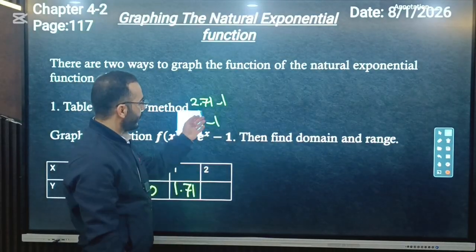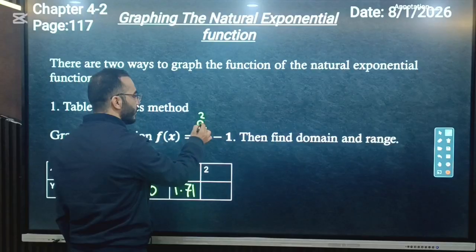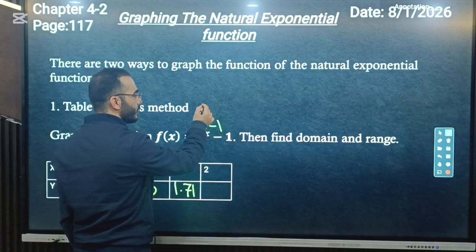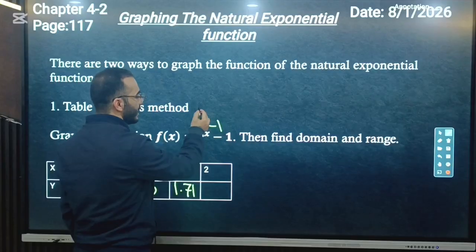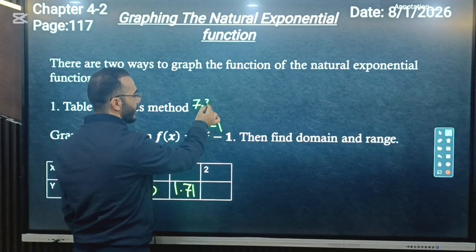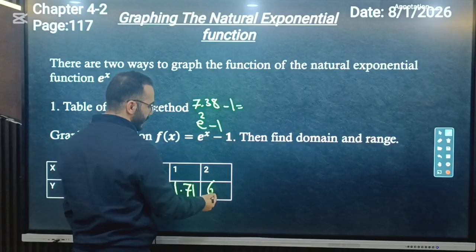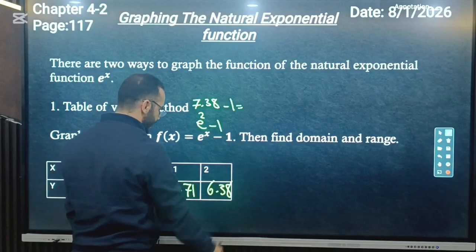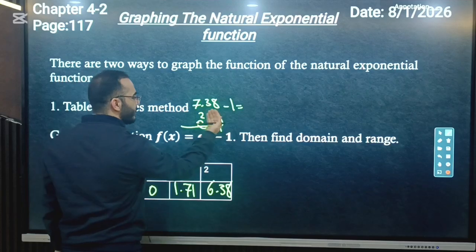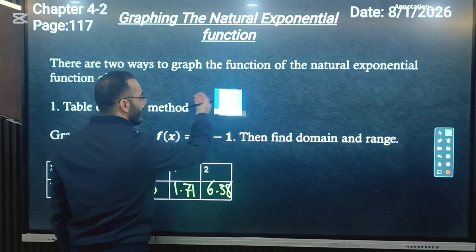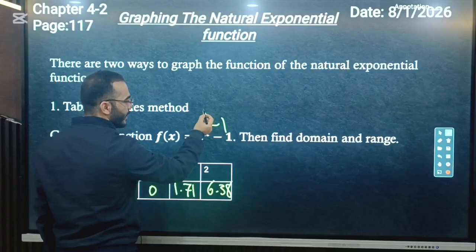How about 2? E powered by 2 minus 1. E powered by 2, if you just use a calculator, it's going to give you 7.38 almost. Minus 1, it's equal to 6.38. From the negative side, e powered by negative 1 minus 1.